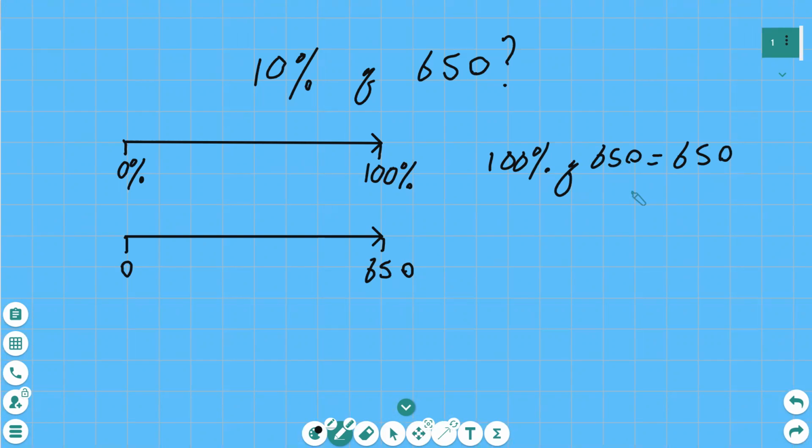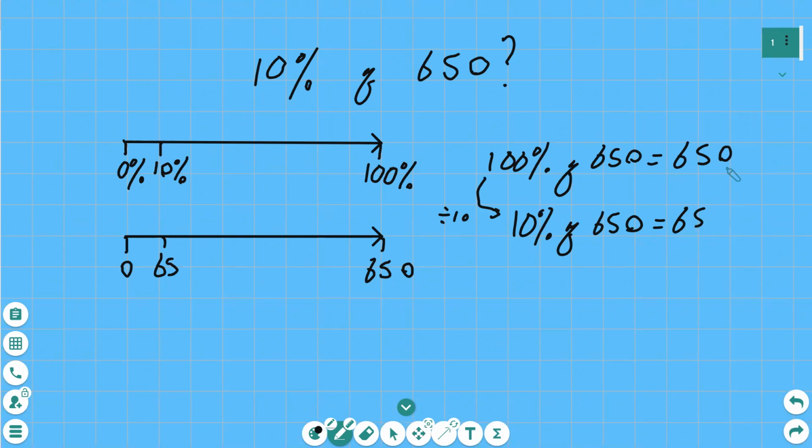Fine. Now we want 10% again. So 100 divided by 10 is 10%. There we are, a tenth of 100. A tenth of 650 is 650 divided by 10, which is going to be 65. We can write it down like this as well. 10% of 650 is 65. We've divided 100 by 10.